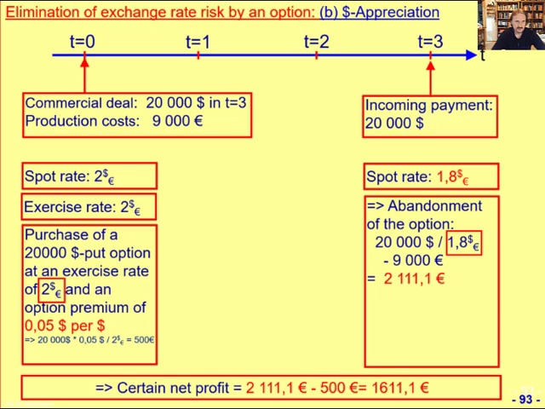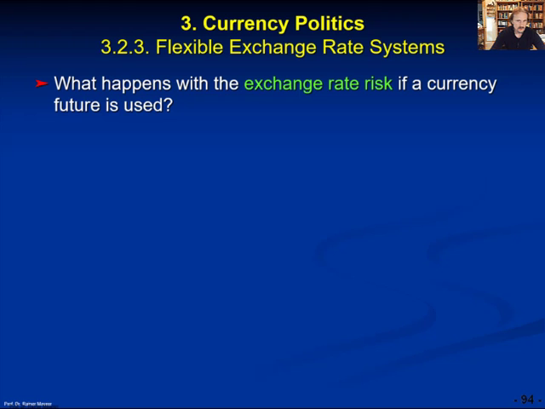They have a couple of possibilities which can be used to get rid of such an exchange rate risk. So this is the perspective of a private company which suffers from exchange rate risk and uses one of these possibilities.